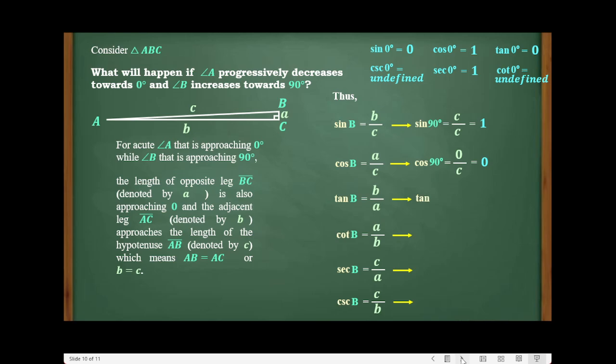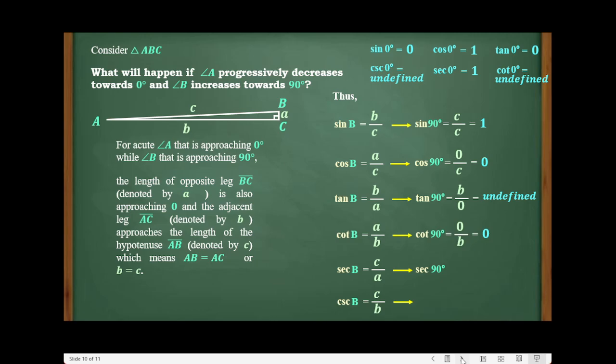Okay. And for tangent of 90 degrees, that is B over 0, which is undefined. Then cotangent of B, or cotangent of 90 degrees, that is 0 over B, which is equal to 0.